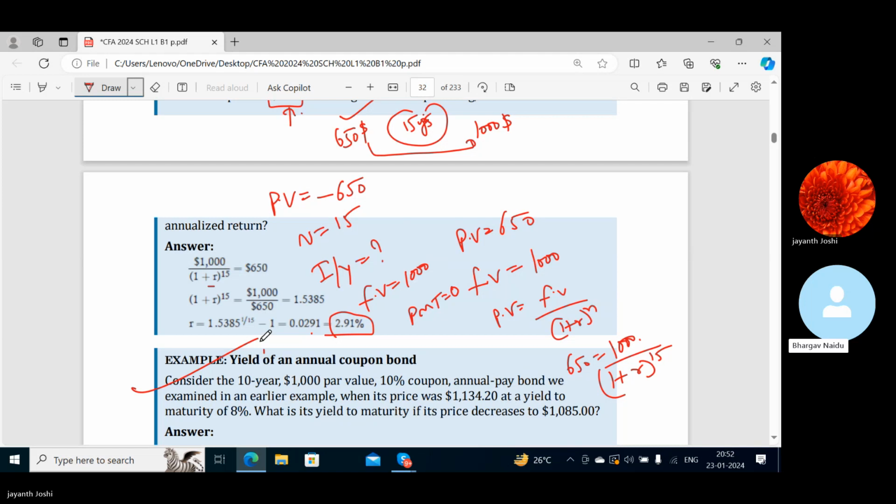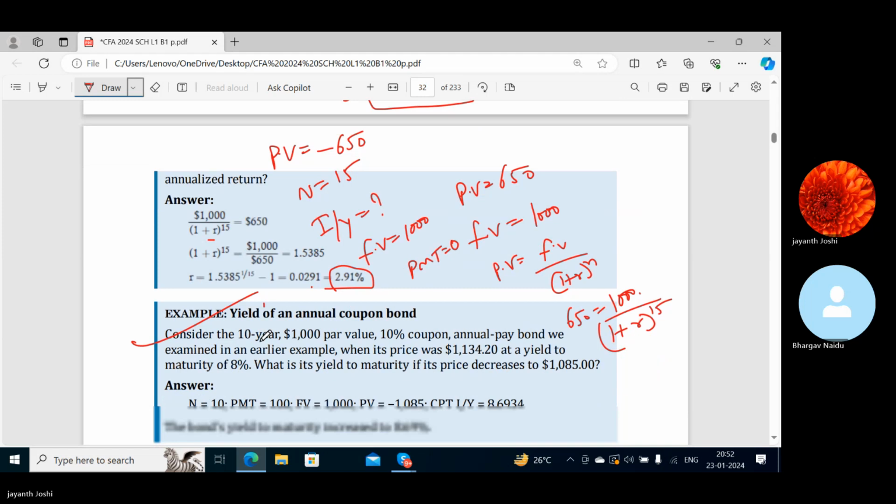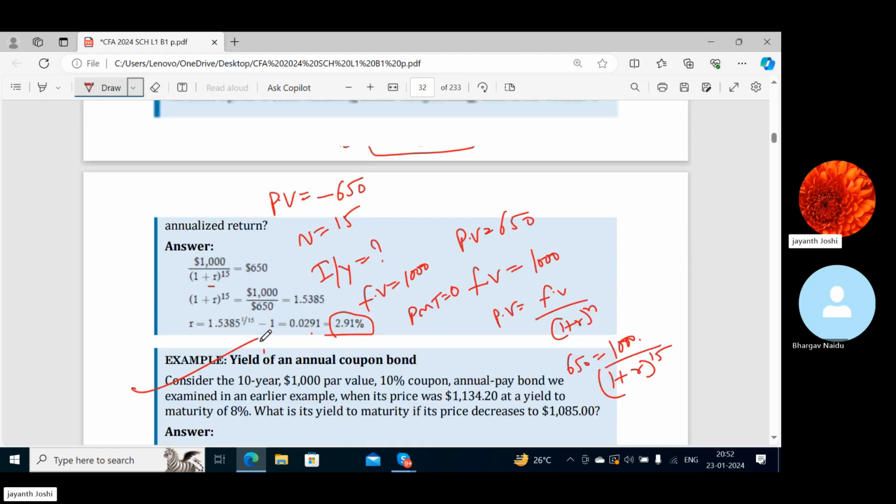So the future value is 1085, no, sir? No, no, no.